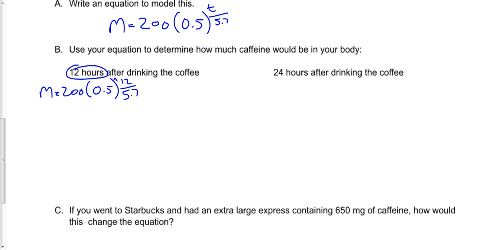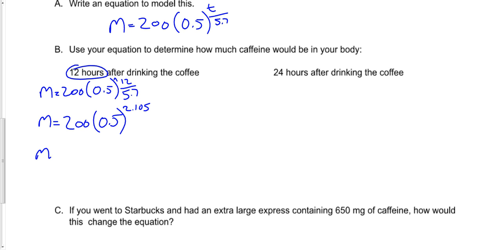So the mass is equal to 200 times 0.5 to the exponent 12 divided by 5.7, which is approximately 2.105.